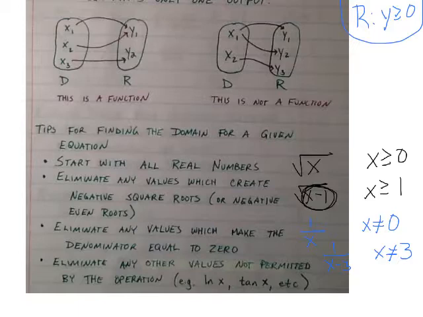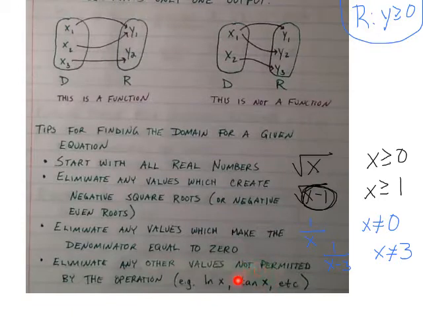And one last tip would be eliminate any other values not permitted by the operation. For example, the natural log of x, or really any logarithm of x, we cannot take the log of a negative number, so the domain for this is x is greater than 0.